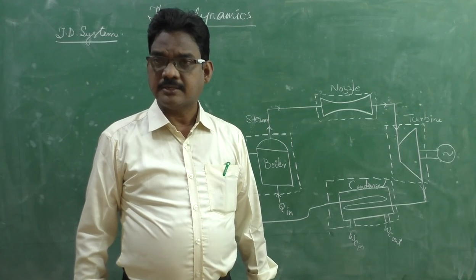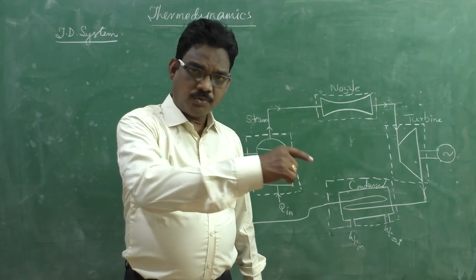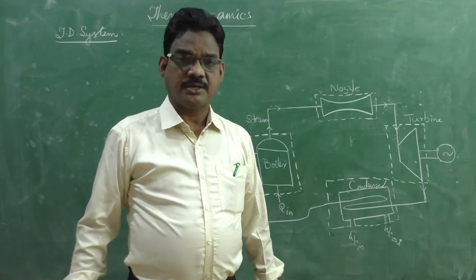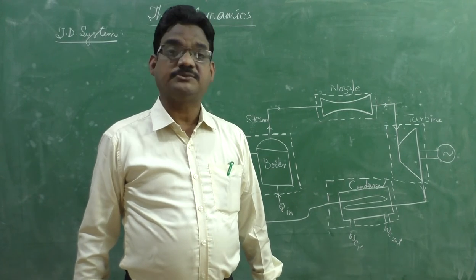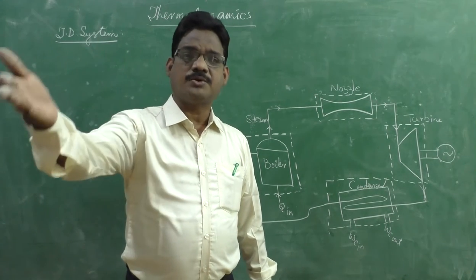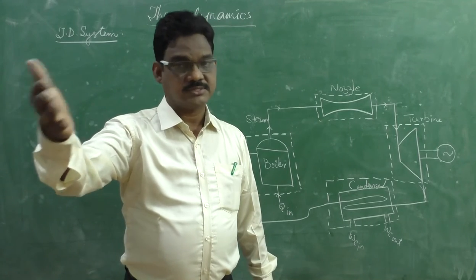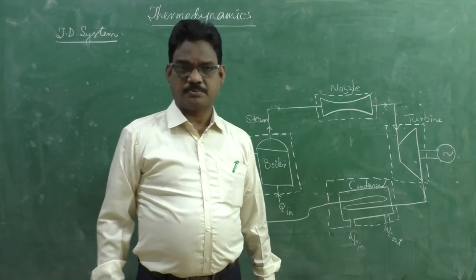Here the inside of the computer lab is the system, and the walls of the computer lab we can call the boundary of the system, and the things outside the boundary are called surroundings. Right? We will see one more example.